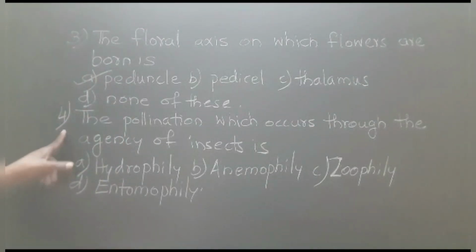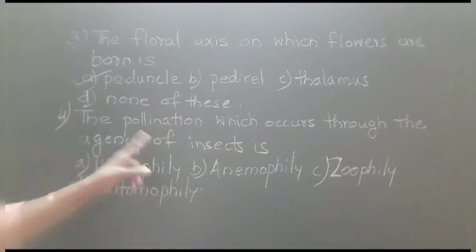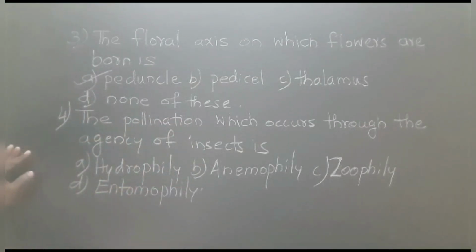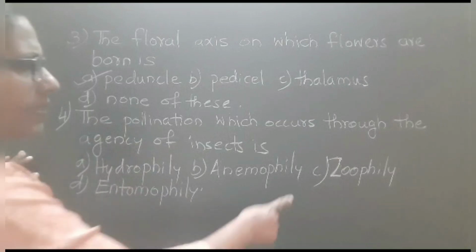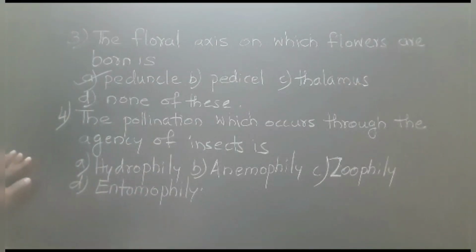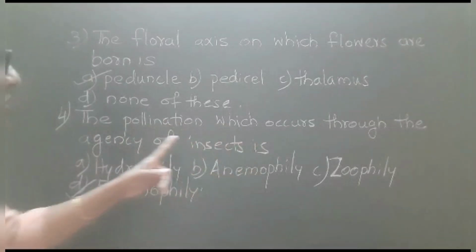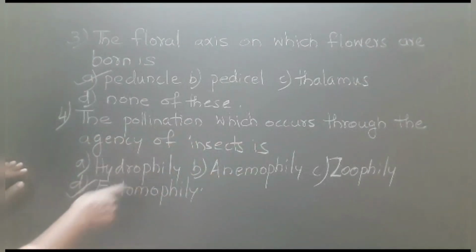Number 4, the pollination which occurs through the agency of insects is A. Hydrophily, B. Anemophily, C. Zoophily, D. Entomophily. The pollination which occurs through the agency of insects is entomophily.